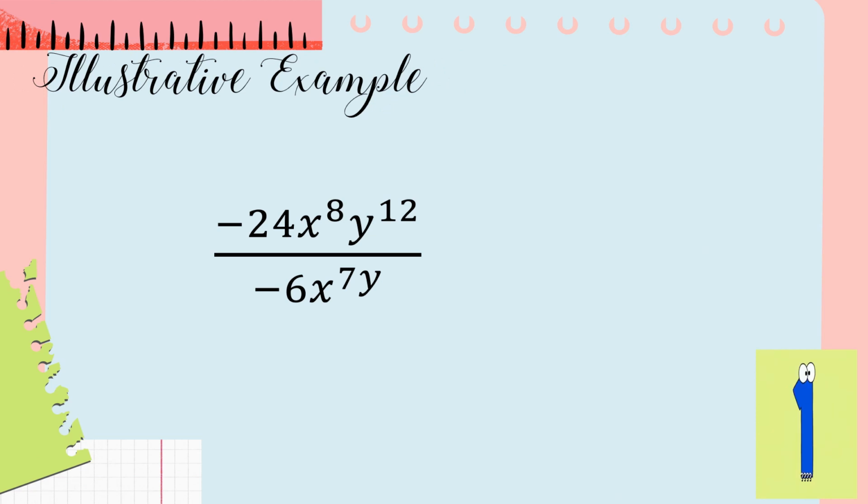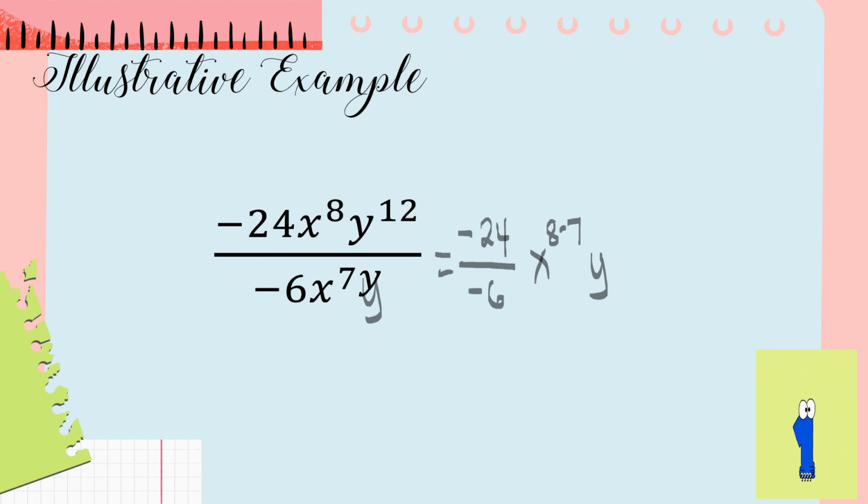How about negative 24 x raised to 8, y raised to 12, divided by negative 6 x raised to 7, y? Again, we divide the numerical coefficients negative 24 and negative 6. We copy the bases x and y. For x, we have 8 minus 7.